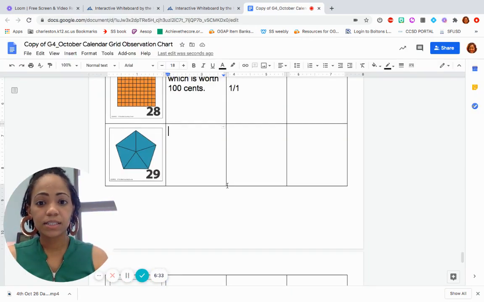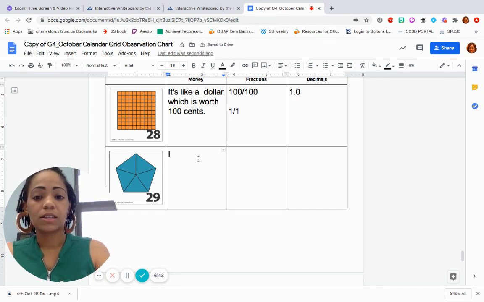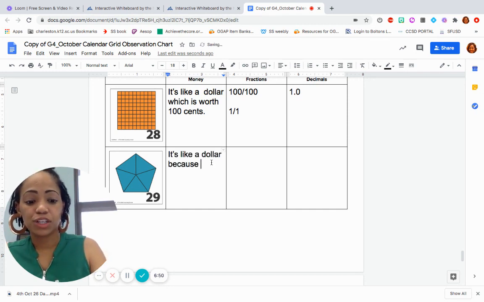Okay, so here it is. How is it like money? Right, it's like, well, right. Okay, so we can put it's like $1 because all 5 sections are shaded in.